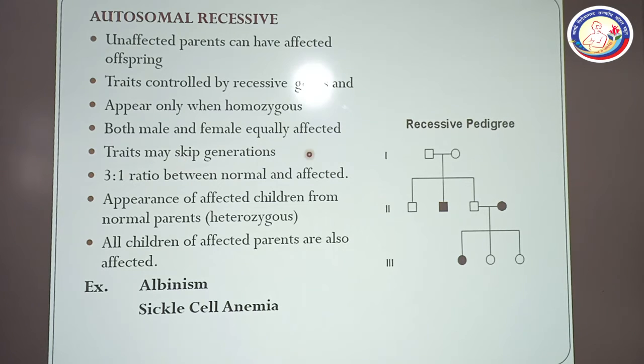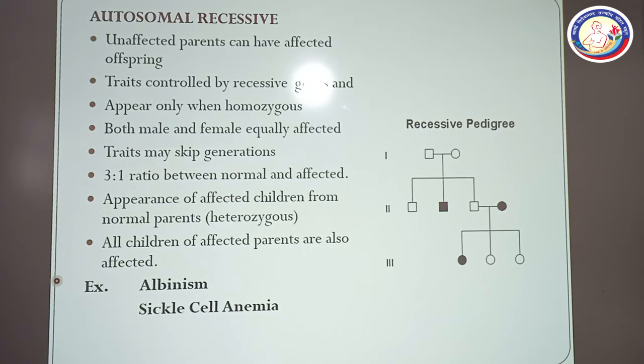Both male and female are equally affected, and traits may skip generations. Sometimes if the generations are not showing the affected one, it means it is an autosomal recessive character. There is a 3:1 ratio between normal and affected, with appearance of affected children from normal parents. All children of an affected parent are also affected.